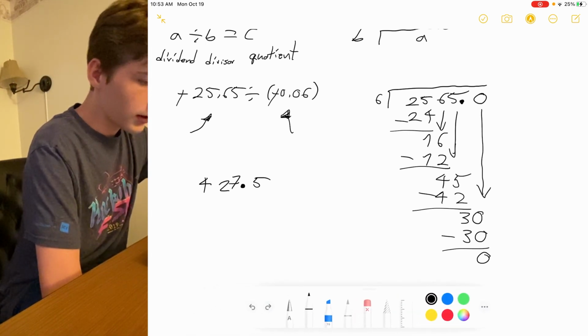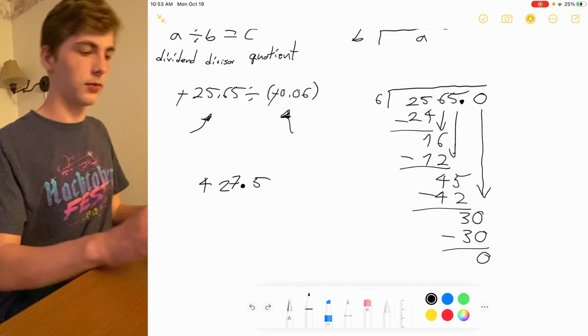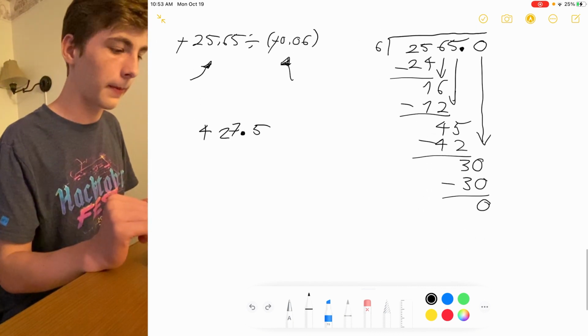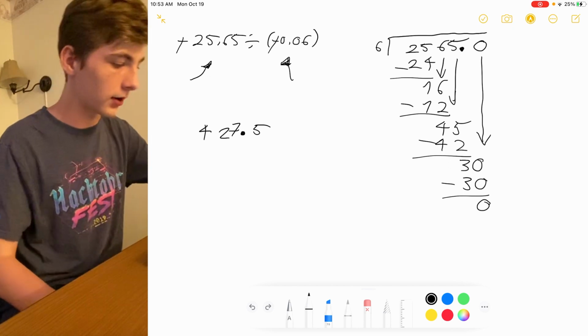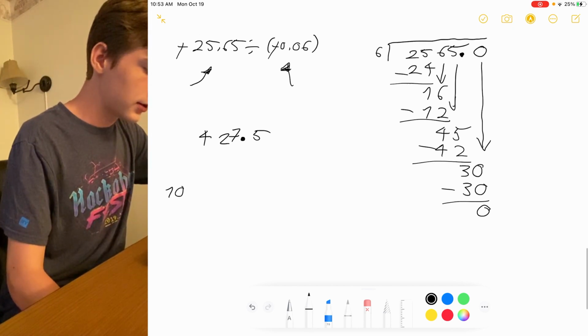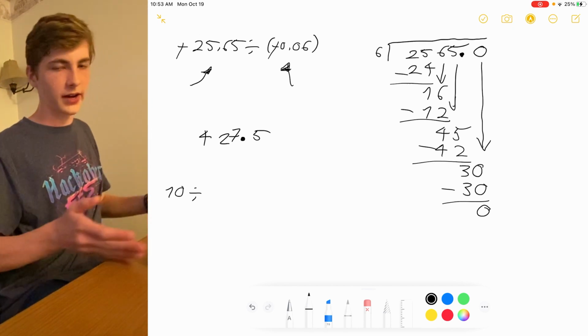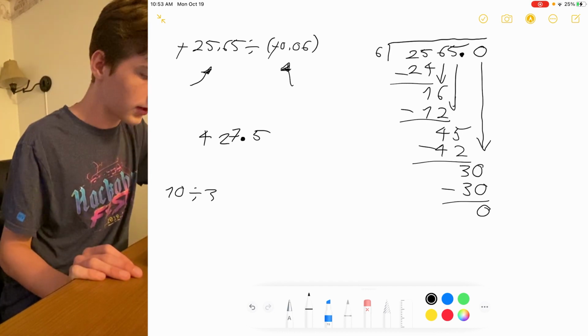Whenever you need them. Now, sometimes you will get stuck in a repeating decimal kind of situation, right? So you might say 10 divided by 3, and you'll notice we're not even dividing decimals here. These are just whole numbers, right? 10 divided by 3.